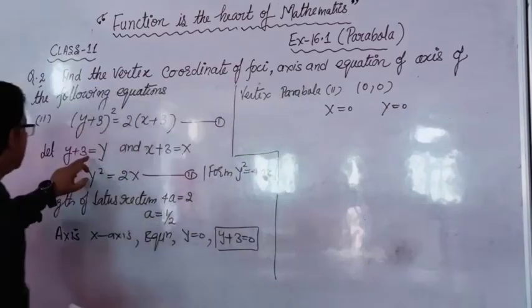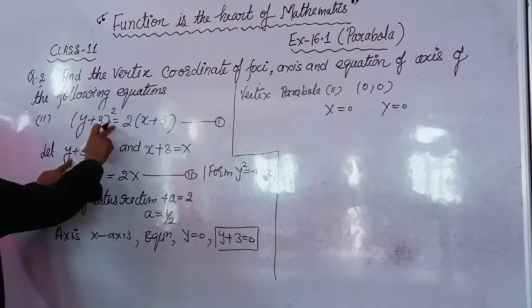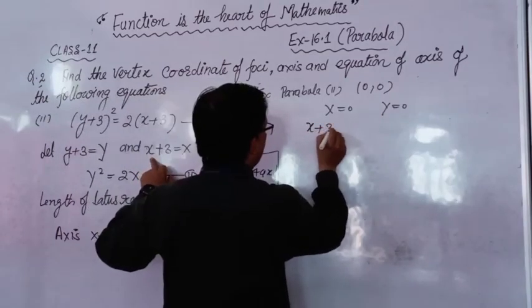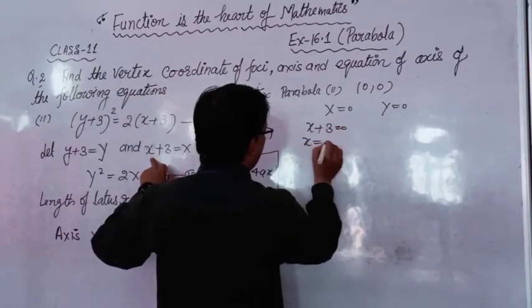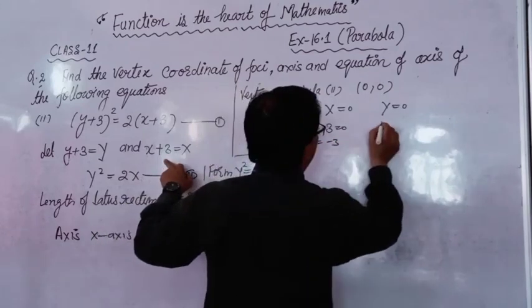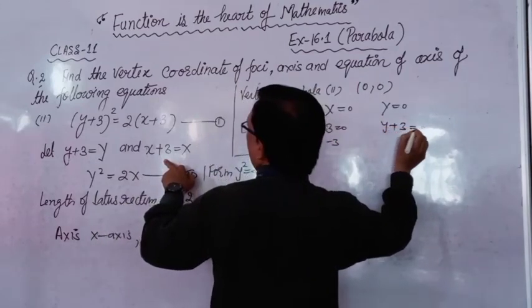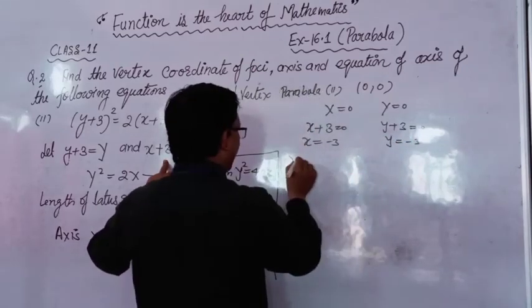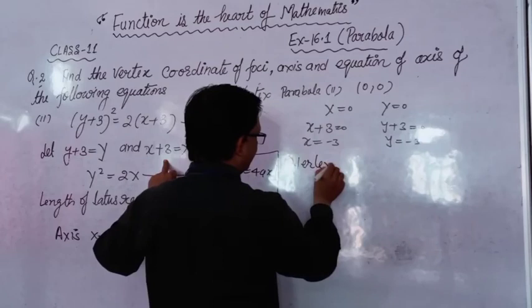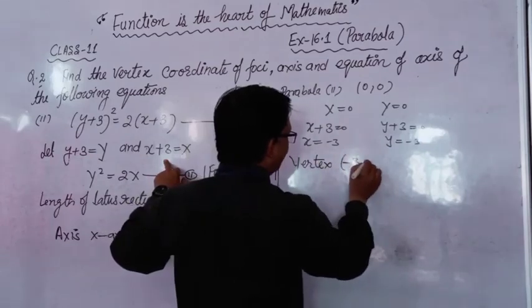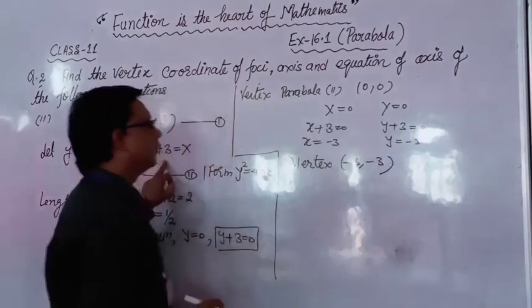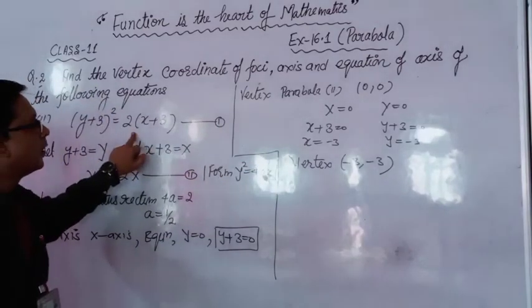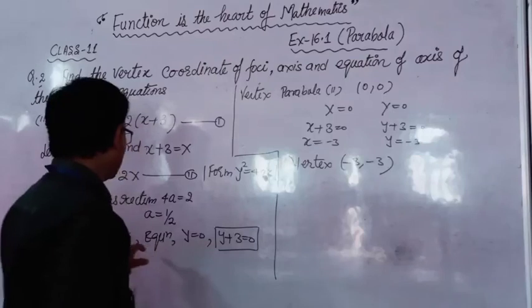If we substitute the value of this, then we find the vertex of this parabola. So x plus 3 is equal to 0, x is equal to minus 3, and y plus 3 is equal to 0, y is equal to minus 3. So vertex is minus 3 comma minus 3. This is the vertex of this parabola. Okay. Now we find the vertex and the axis.